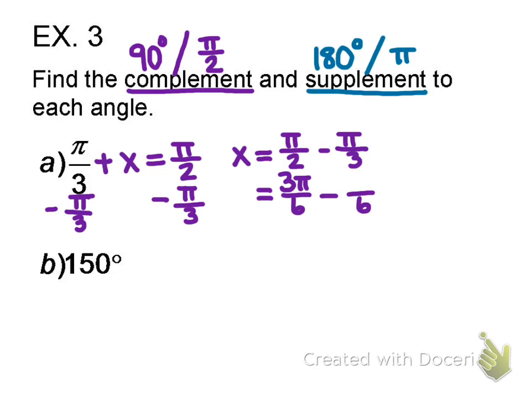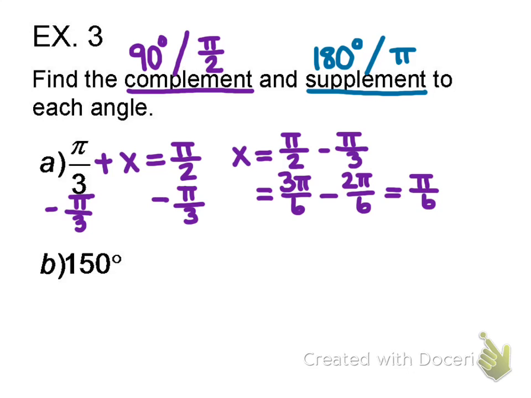So that's going to be 3 pi over 6. Pi over 3 changed to something over 6, I have to multiply by 2 on top and bottom. So it's going to be 2 pi over 6. Okay, so now I can just subtract 3 pi minus 2 pi, which will be 1 pi over 6. So pi over 6 is complementary to pi over 3.